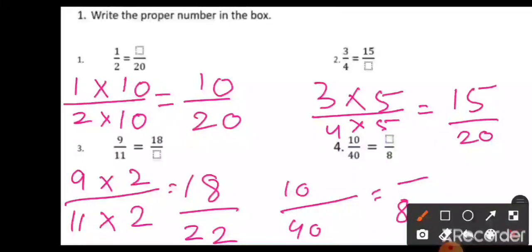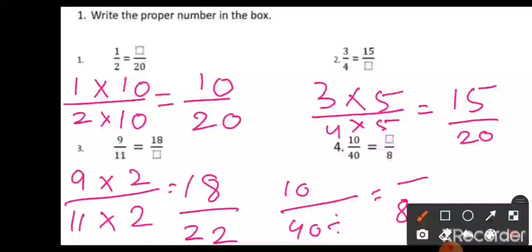Here in the question the numbers are bigger and in the answer the number is smaller. Here we need to use division. We have to divide. So in the table of 8, 40 will come.